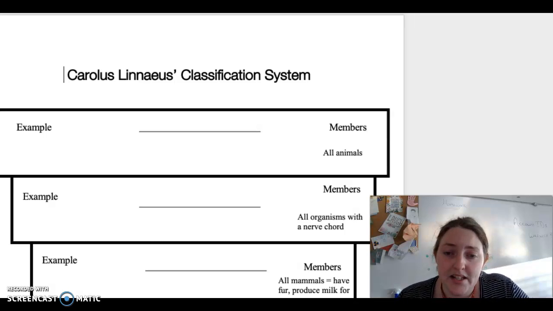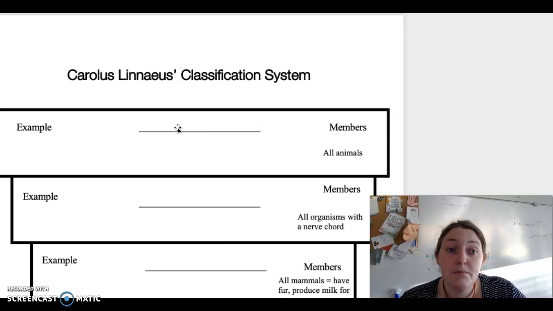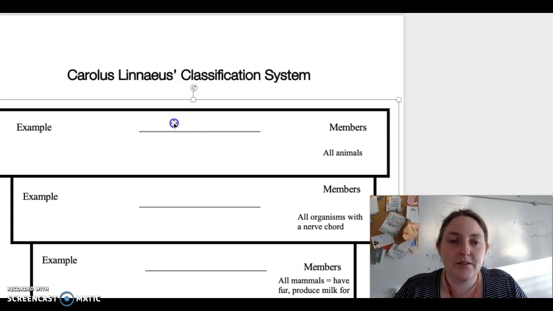So we came up with a classification system, and I'm going to go through our classification system. So his system did not include the new one, which is called domain, but he did include kingdom through species. So we're going to go through these really quick.